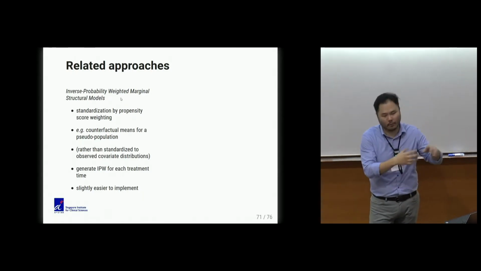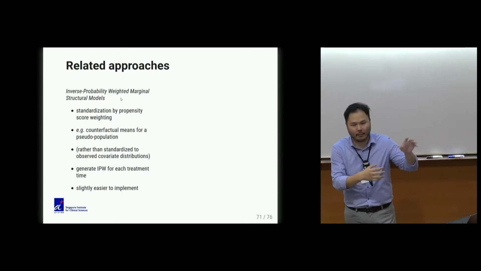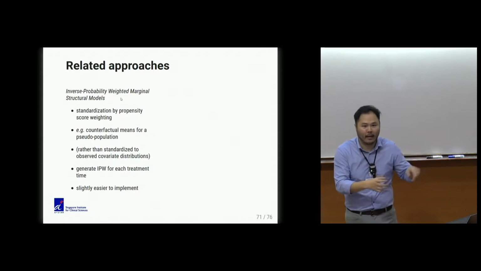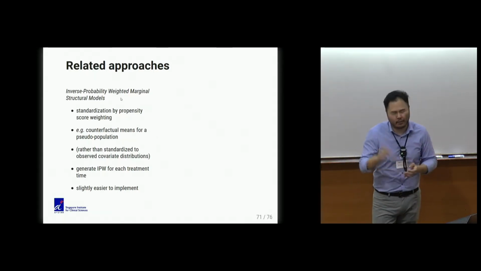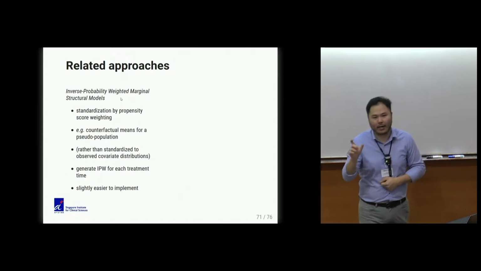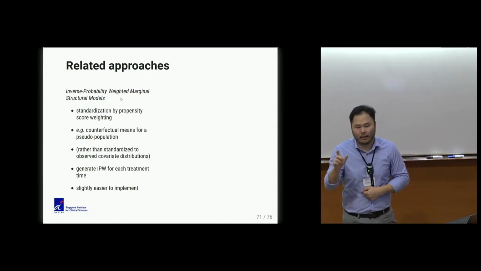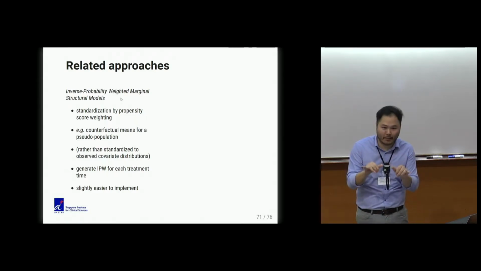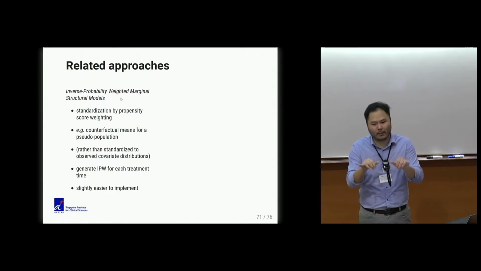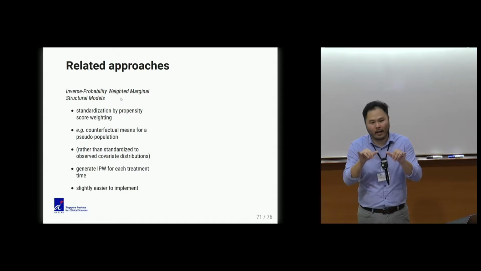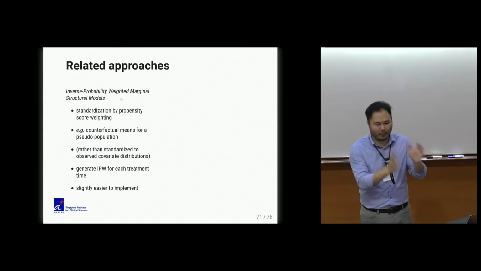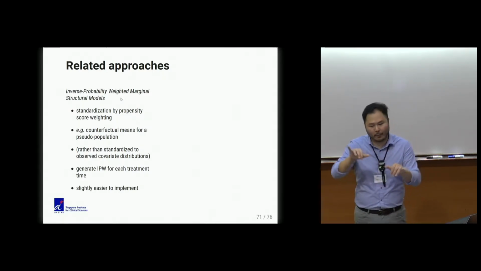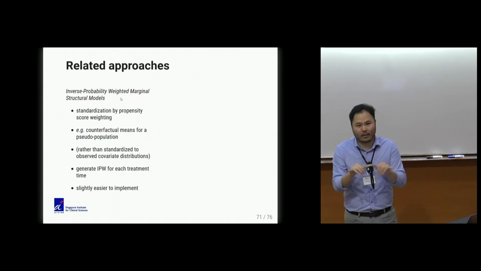You take 1 over, well, it's stabilized weight, but in essence, you take 1 over that, and you use that to weight each observation you have in your sample. And what that does is you end up basically balancing your propensity scores and having people who are equally likely to be treated. And that contrast between a group of people who are treated and a group of people who aren't treated, in essence, also estimates that contrast. So that's a computationally simpler way of doing it.